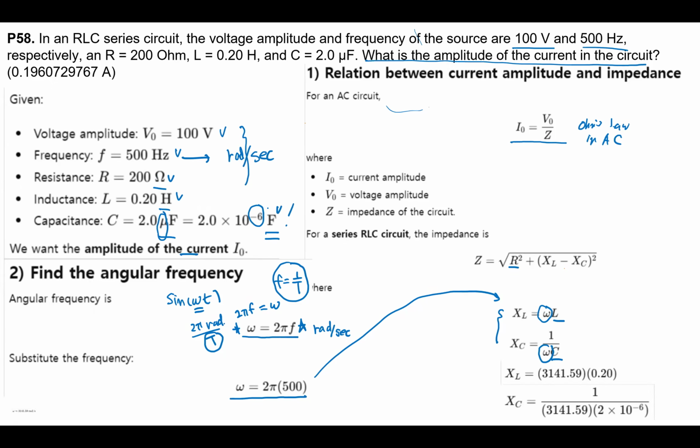And then the next thing is that current is given by this formula, and impedance is given by this. And it is important to find this omega, the angular frequency, which is given by 2 pi f. Once again, it is based upon very simple formulas, and then you need to plug in the right numbers.